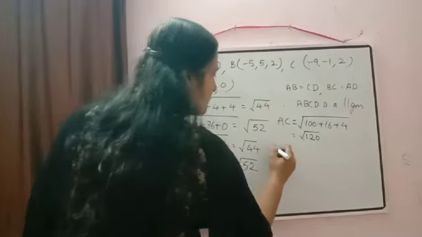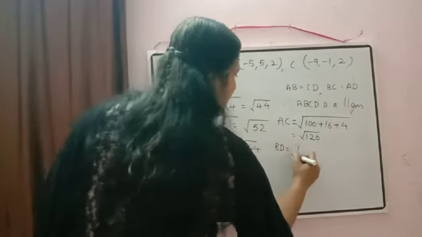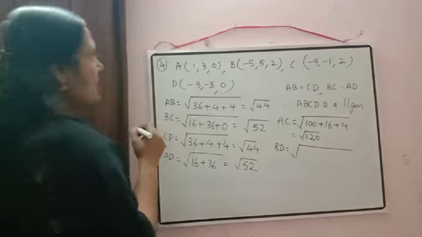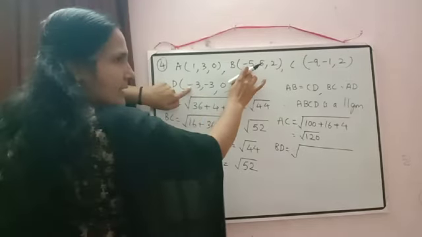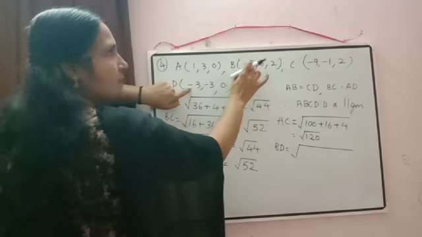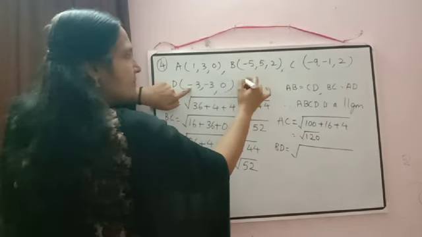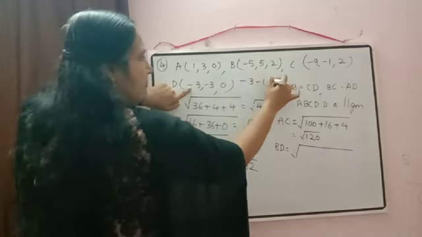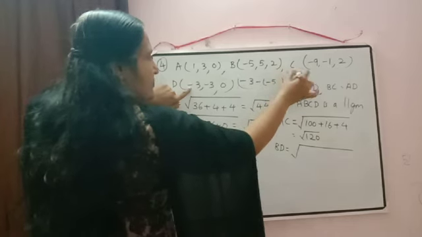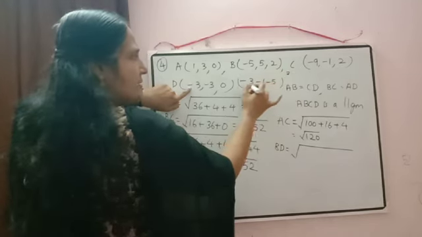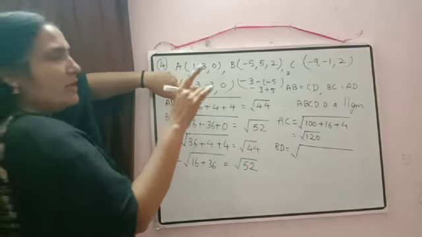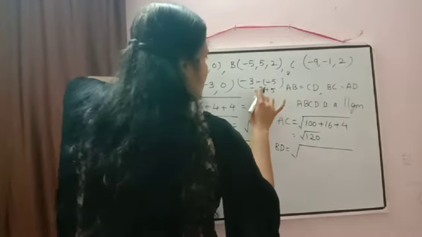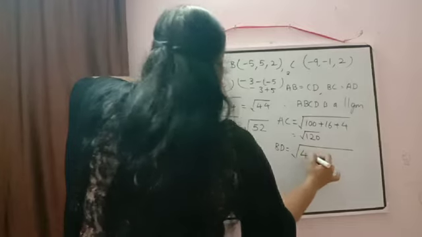AC is equal to that. Now we will check the value of BD. BD is equal to, here we have minus 3 minus 5, so minus into minus will be plus, and we get minus 3 plus 5 the whole square. Minus 3 plus 5 is 2, 2 square is 4.